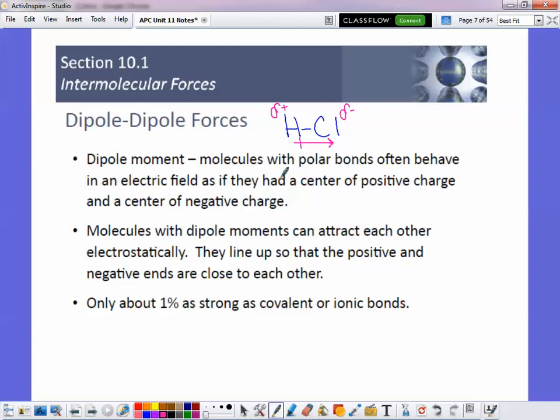But because it's permanent, another HCl molecule will interact in a way that, again, opposites attract, and they're going to arrange themselves so that the hydrogens of one molecule are near the chlorines of another. Okay? And this is going to be stronger than LDFs, stronger than London dispersion because it's a permanent dipole.